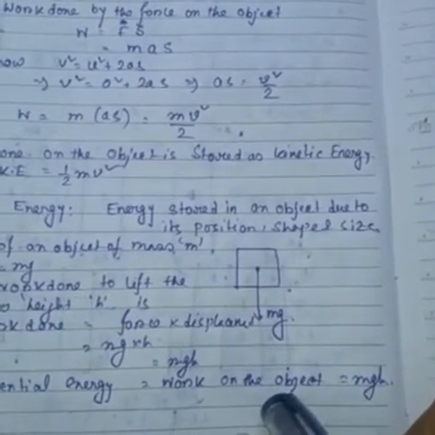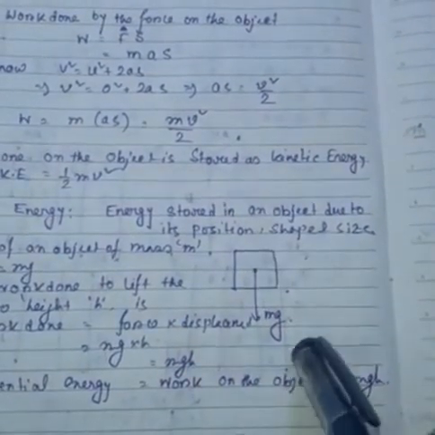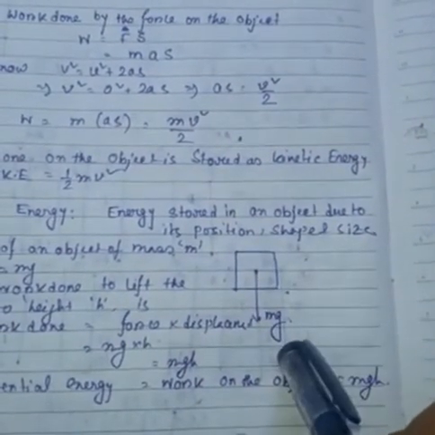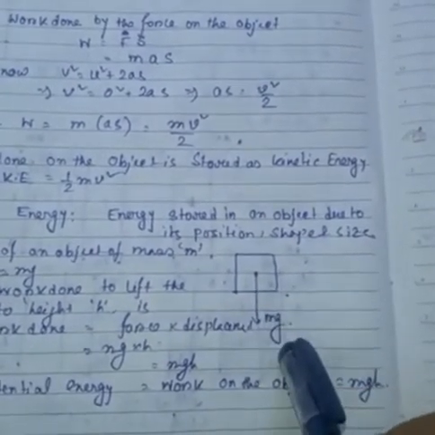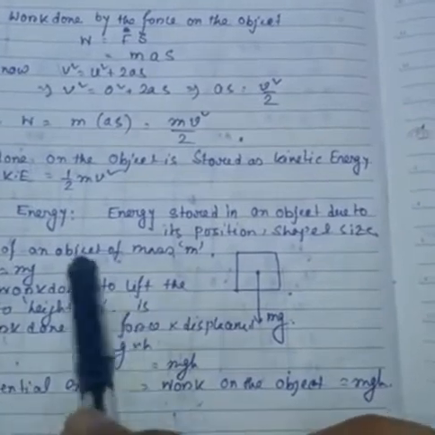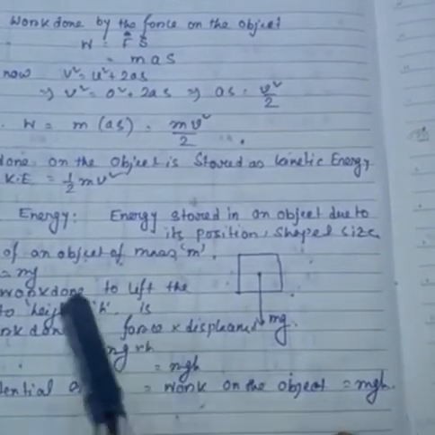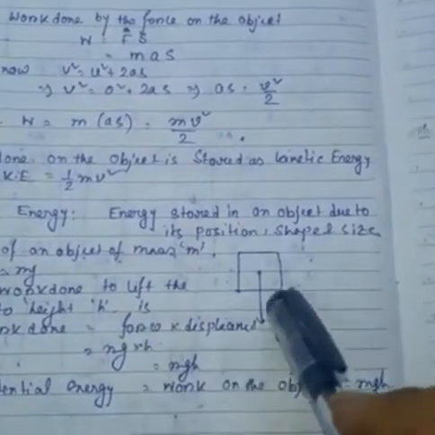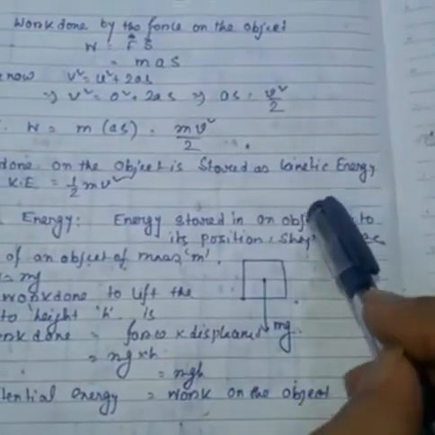Now let's assume the object is on the ground and its weight is mg. We want to lift it up to a height h.